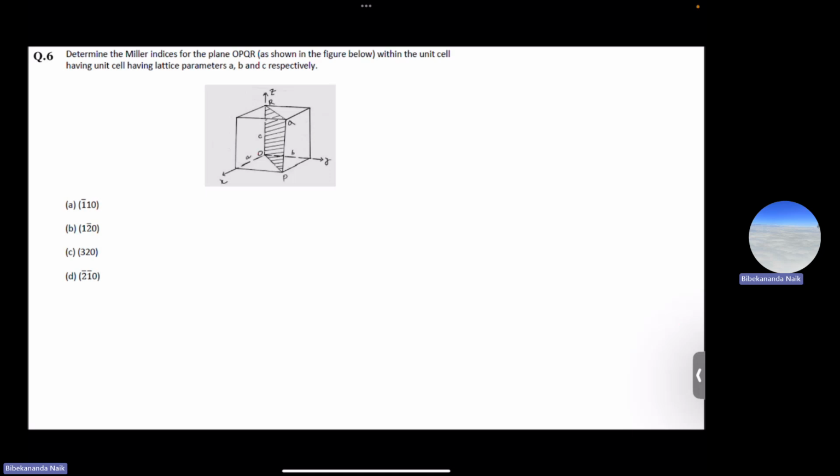So it is passing through the body of the cubic structure. And in this particular structure, A, B, and C are different. So we will consider the unit cell vector along X as A, along Y as B, and along Z as C. And the options are -1, 1, 0; 1, -2, 0; 3, 2, 0; -2, -1, 0.